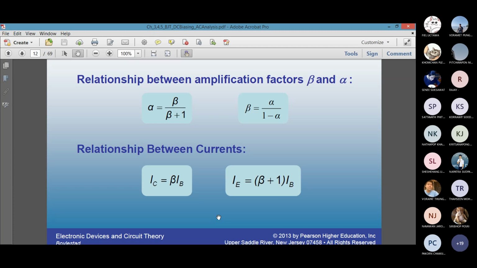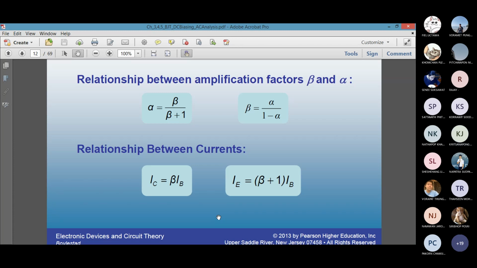The BJT, is it a voltage control device or a current control device? Voltage or current? What is it controlled by? What did you ask? Can you please repeat again?